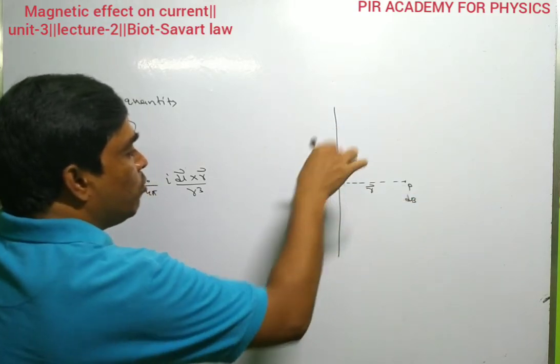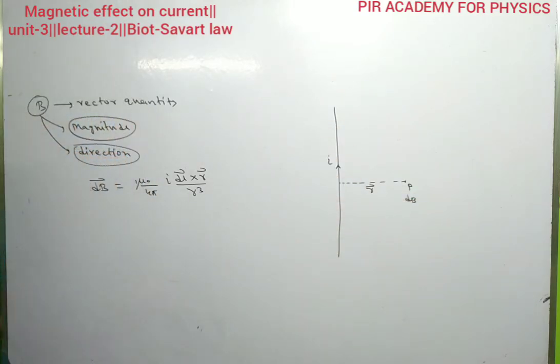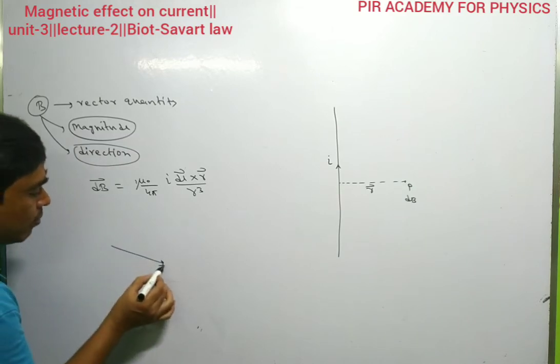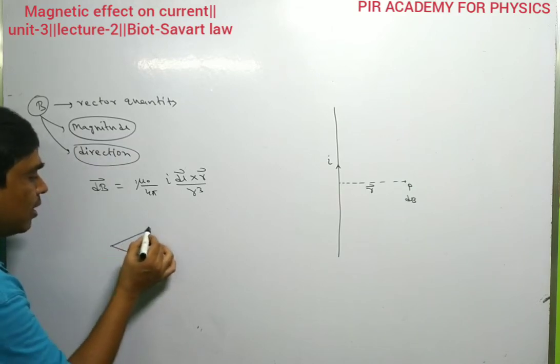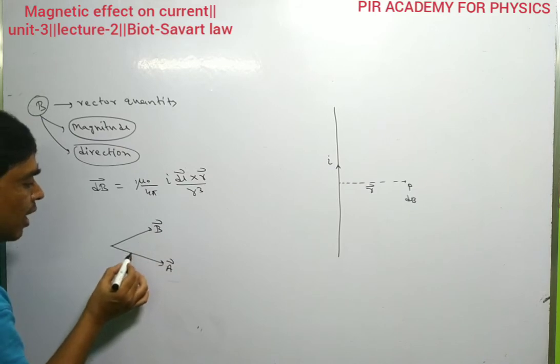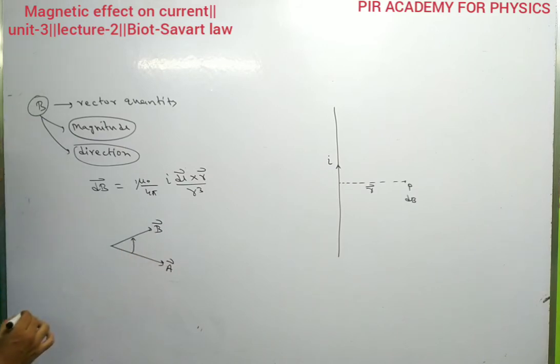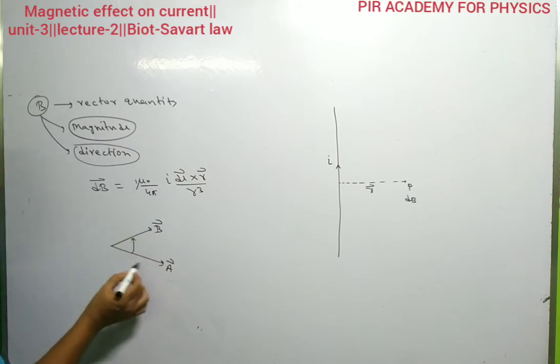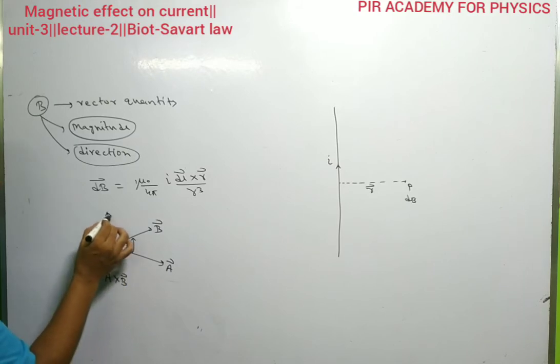If this is vector a and this is vector b, and I calculate the cross product a cross b, the direction of a cross b will be along this direction.